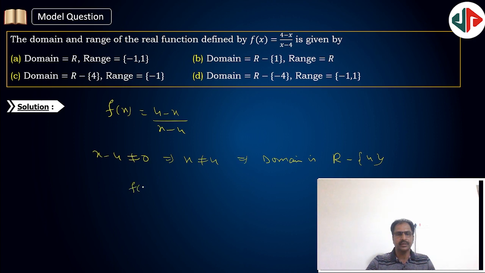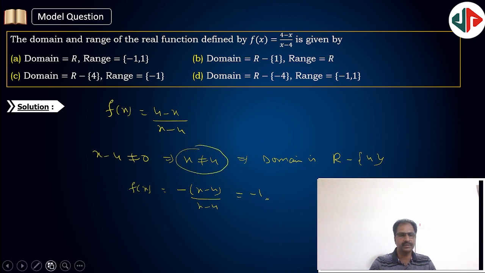Next, the given function 4 minus x can be written as minus of x minus 4. This can be cancelled, leaving minus 1, because we already wrote the condition x is not equal to 4. So what will f of x always be? F of x is always minus 1. So how many values does f of x possess?